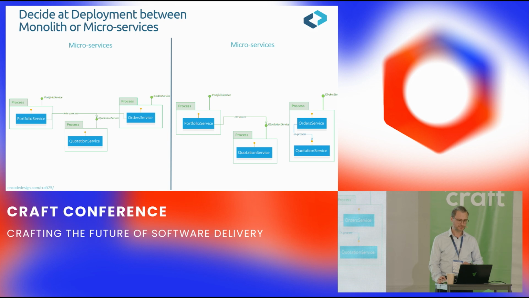So basically, each of the processes will expose through REST the services they have, but now when someone makes this call, the order service is able to make an in-process call over here. It's no longer a dependency at this point. So this is what I'm going to show in a minute.